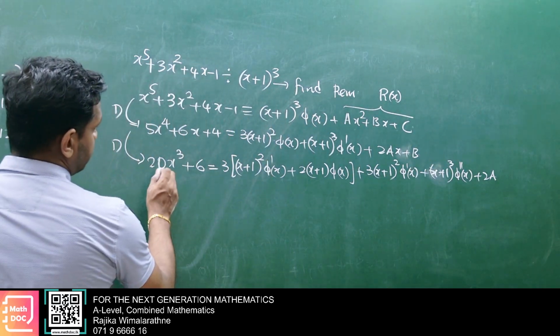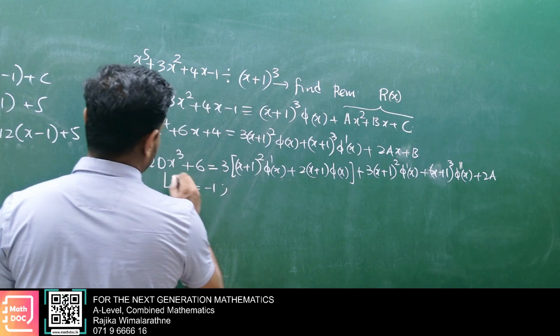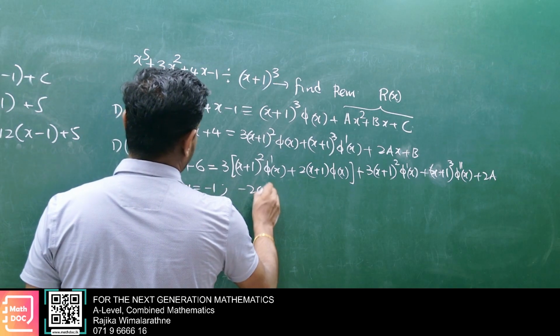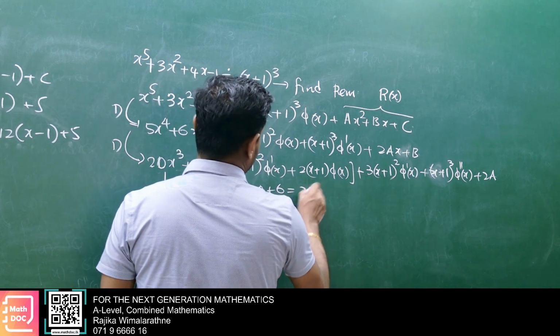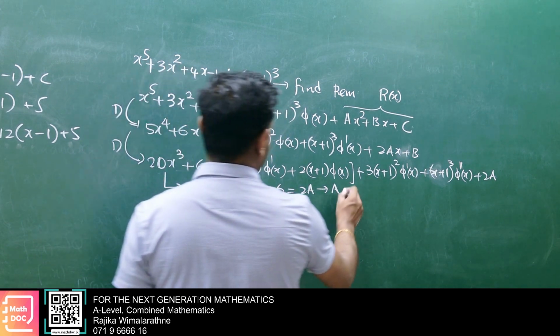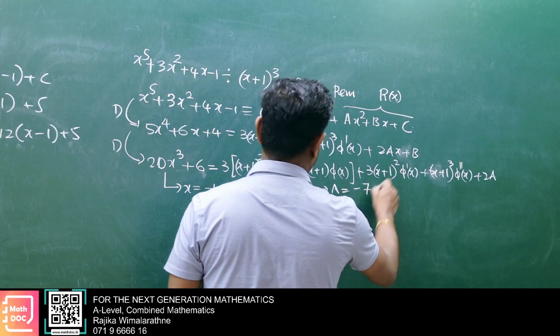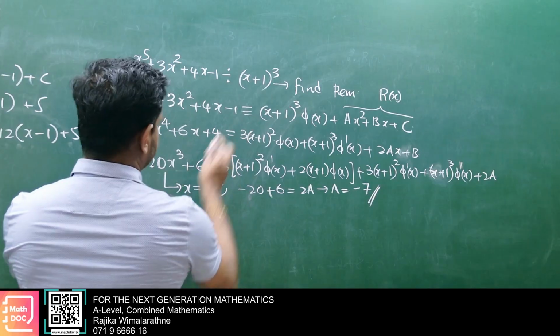Now for this you put x equal to minus 1: minus 20 plus 6 is minus 14, the other terms are 0, equal to 2a. Then the a value is minus 14 over 2, minus 7. The a value is minus 7. Then you go to the previous step.